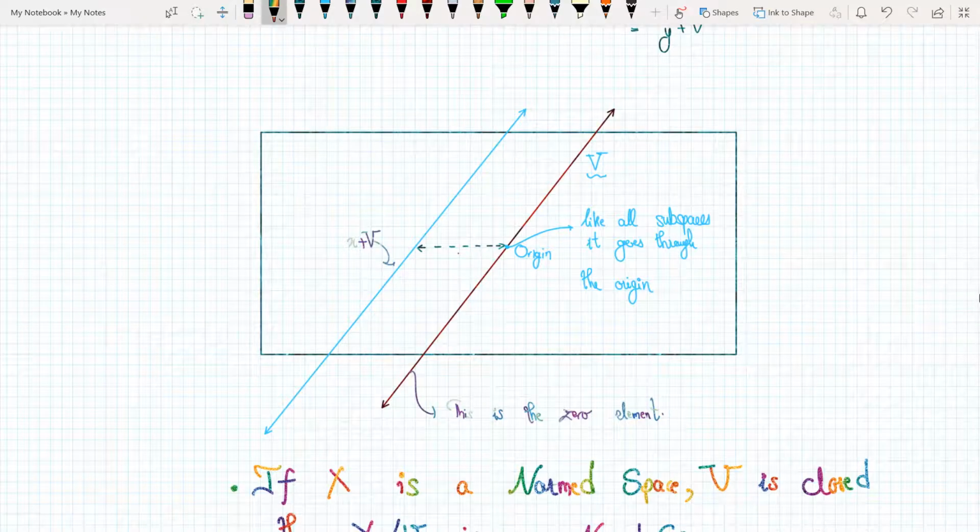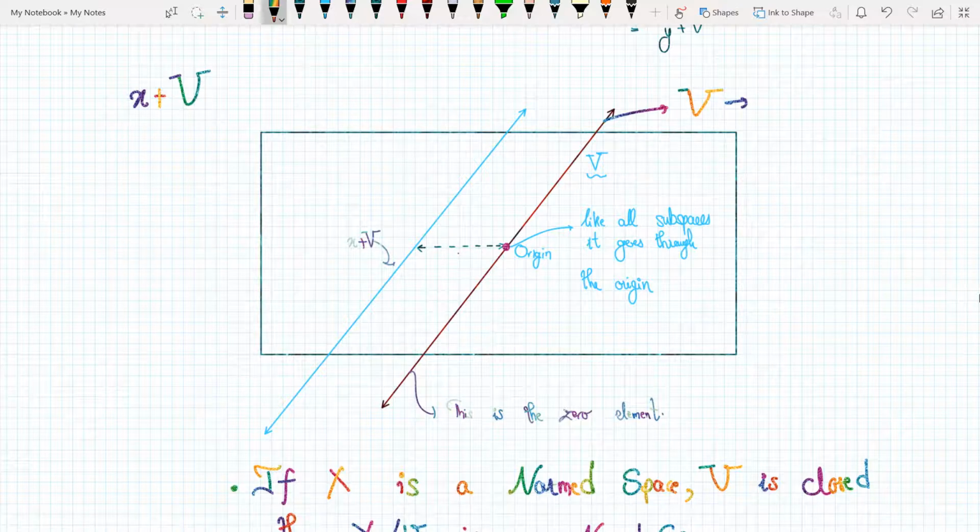So one quick remark that I would like to give about quotient spaces is, suppose this is my space capital V, which, like all subspaces, goes through the origin. So now the null element of my quotient space X quotient V would be, what do you guys think?